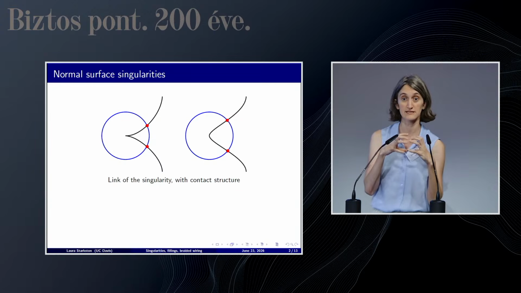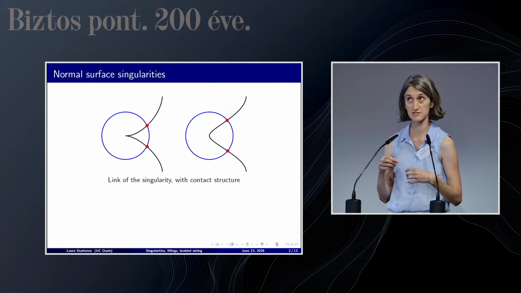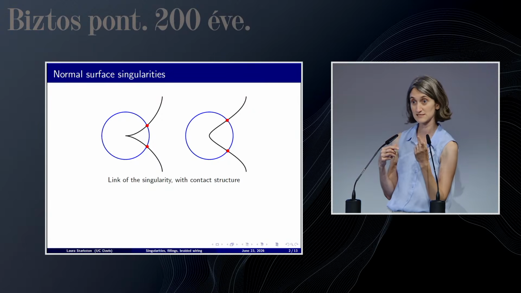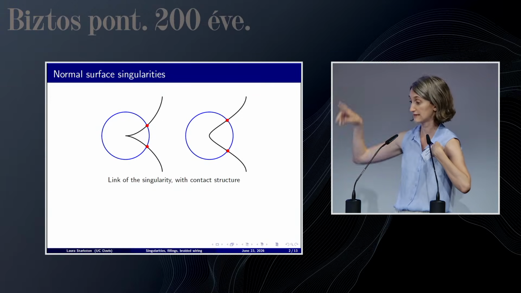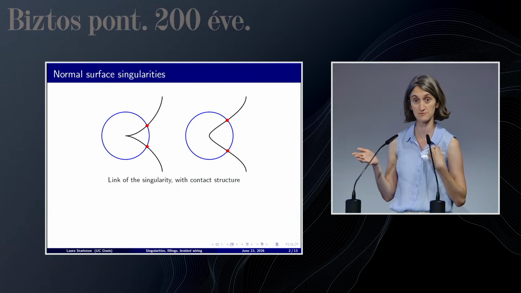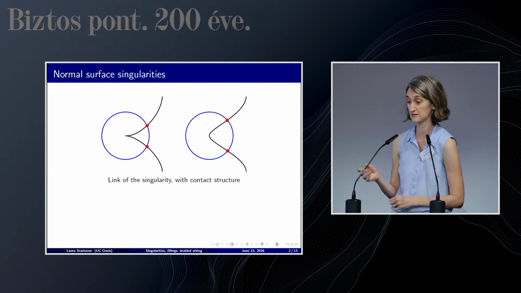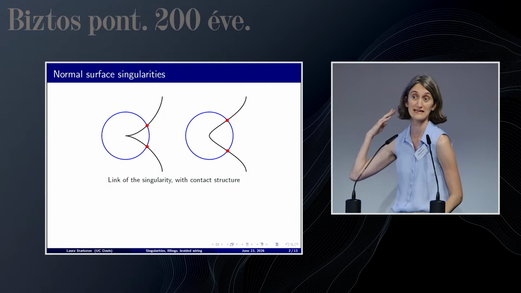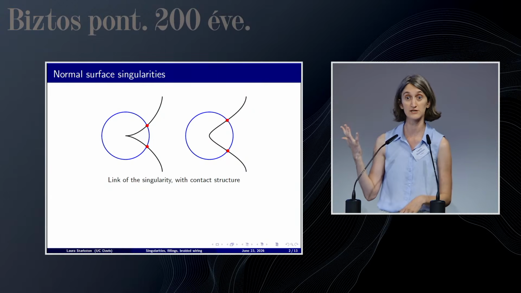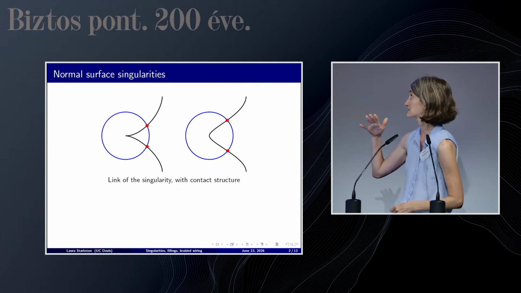If I look at the boundary of that ball, it's a sphere, and it will intersect my complex surface. So complex 2-dimensional means real 4-dimensional. So I've got a hypersurface cutting my 4-dimensional thing transversely, so that's a 3-dimensional manifold on the boundary. My red dots indicate a 3-dimensional manifold, and they come with a contact structure by looking at the space of complex tangencies to that 3-manifold.